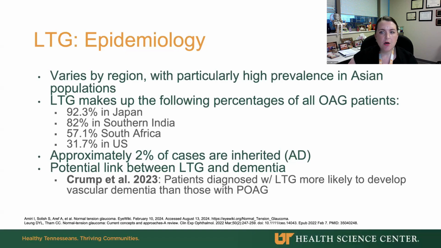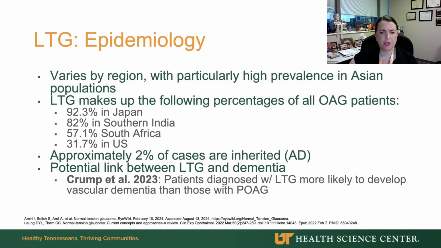Of all open angle glaucoma patients, low tension glaucoma makes up, according to the literature, 92.3% in Japan, 82% in southern India, about 57% in South Africa, and more like 1/3 of patients in the United States.